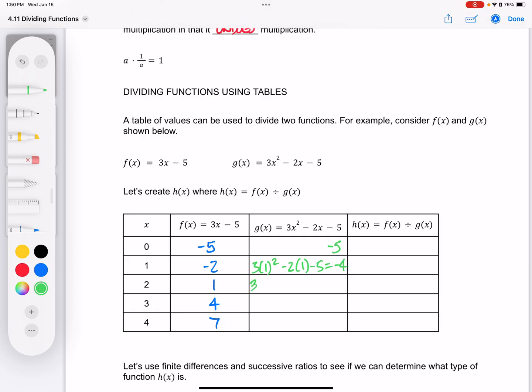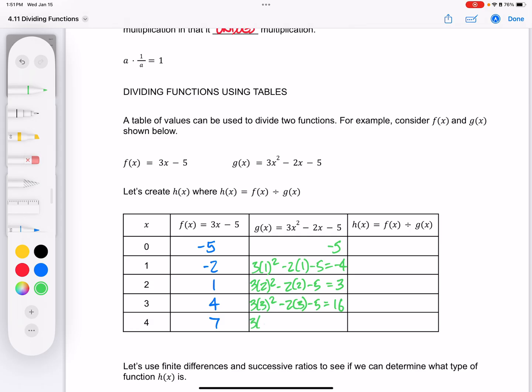And if I plug in 2, 3 times 2 squared minus 2 times 2 minus 5, that is 3 times 4, so this is 12 minus 4, so 8 minus 5, which is 3. And 3 times 3 squared minus 2 times 3 minus 5. This is going to be 3 times 9, so 27 minus 6, so 21 minus 5, which is 16.